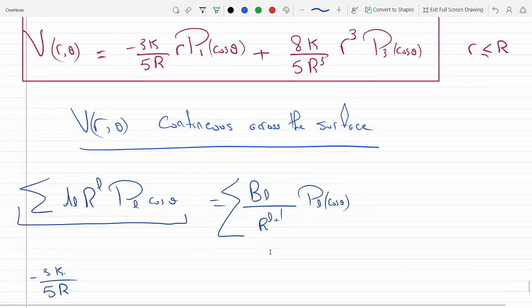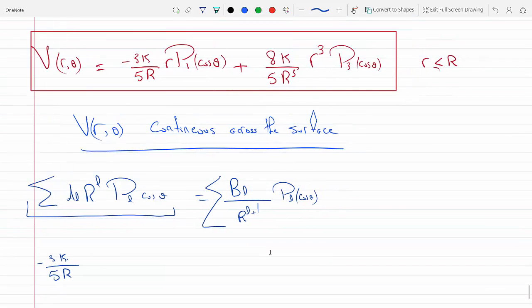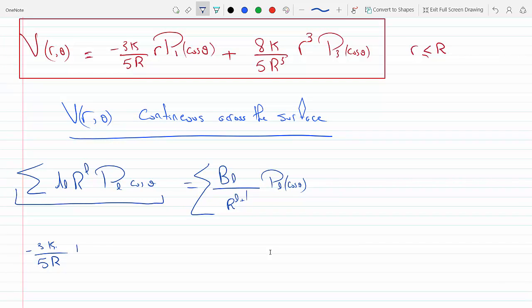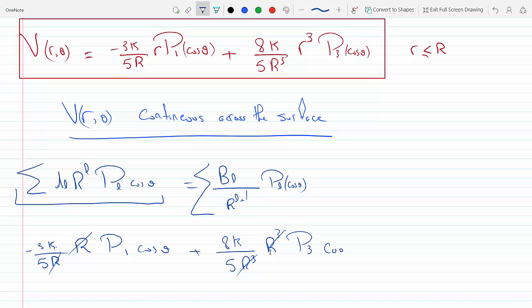It's just this red box above, except you replace small r with big R. So minus 3k R over 5 P1 cosine theta plus 8k over 5 R cubed P3 cosine theta has to equal the summation of B_L over R to the L plus 1 P_L cosine theta.